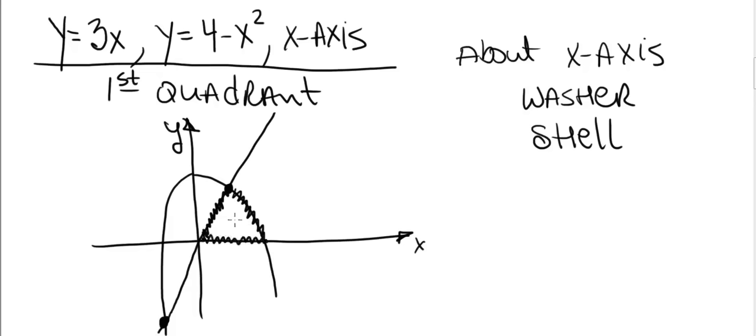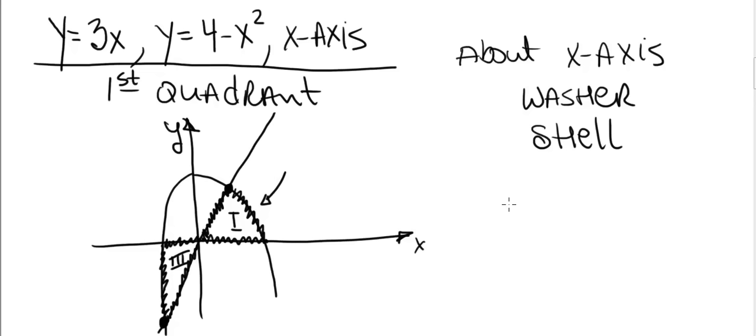This is in the first quadrant, the region that's formed by all three of them. But also in the third quadrant, here is the line, here is the parabola, and here's the x-axis. So this is the region that's formed in quadrant number 3. Since we specified that we want only the region in the first quadrant, it is this region that will be rotated about the x-axis to generate the solid of revolution.